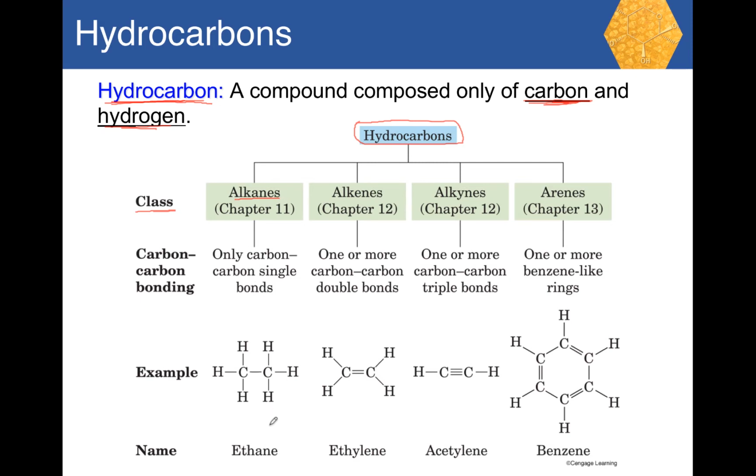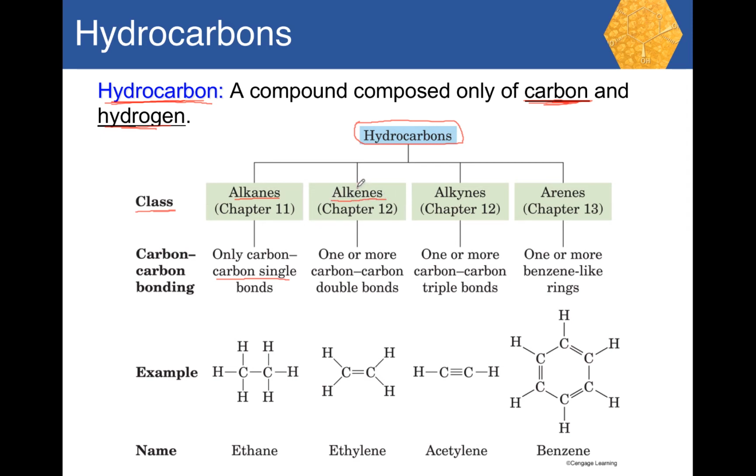And alkanes, as you'll see here, are carbons that have 4 bonds to it. So carbons that have 4 bonds, all single bonds. Keyword here is single bonds. In the next chapter, we'll do another category of hydrocarbons that's called alkenes.